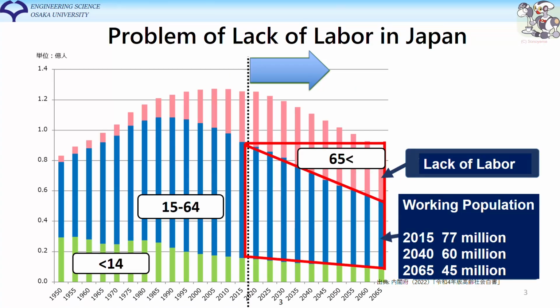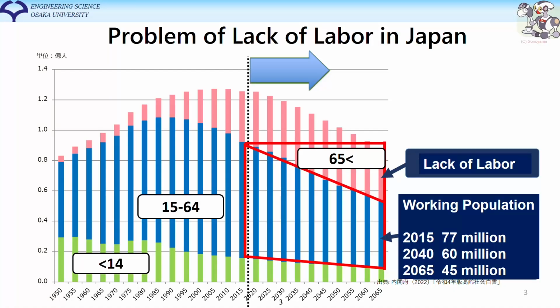Japan faces the problem of a lack of laborers. As you can see from this figure, the x-axis is the year, and the y-axis is the population. The dotted line shows the current situation, and the blue area expresses the working population.